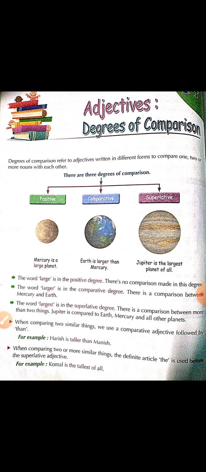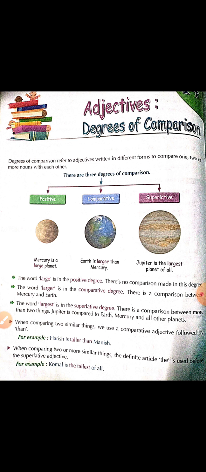Okay, next one. When comparing two or more similar things, the definite article the is used before the superlative adjective. This we have read in the last chapter also, when we were discussing articles, that before the superlative degree we will always use the definite article the. Kamal is the best girl, she is the tallest one, this way.